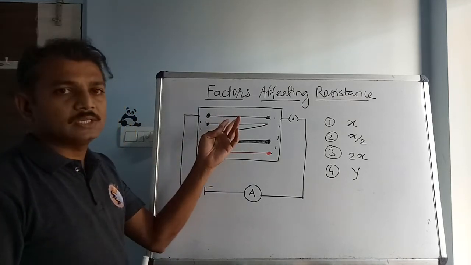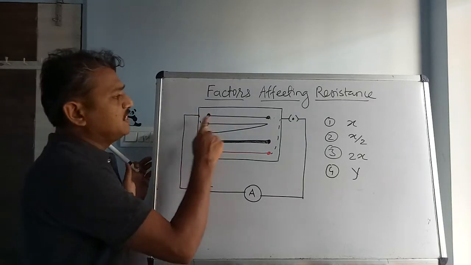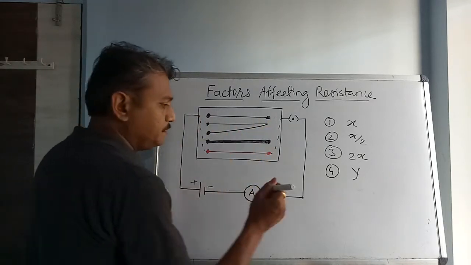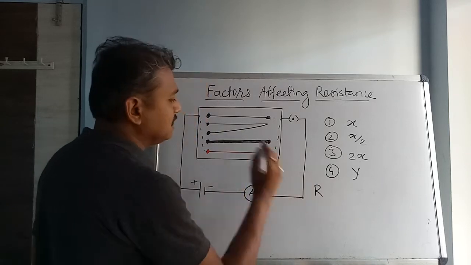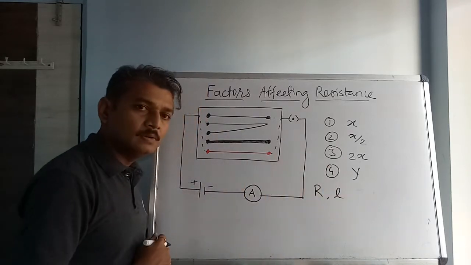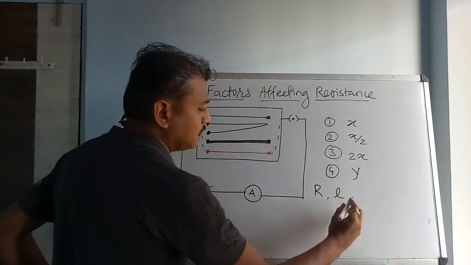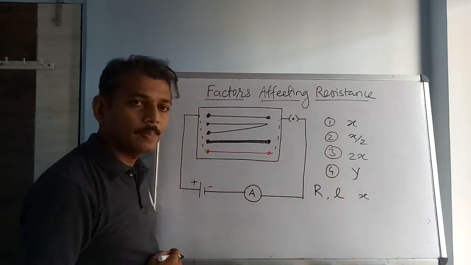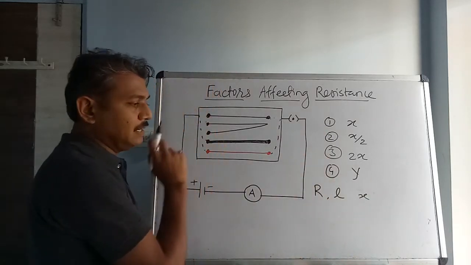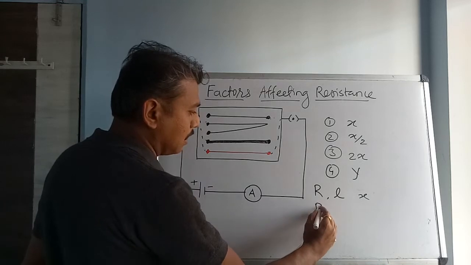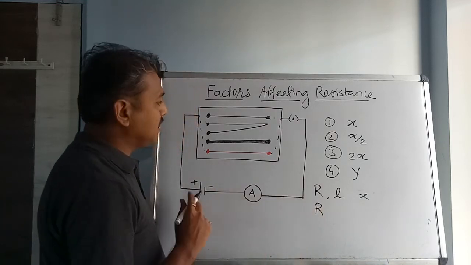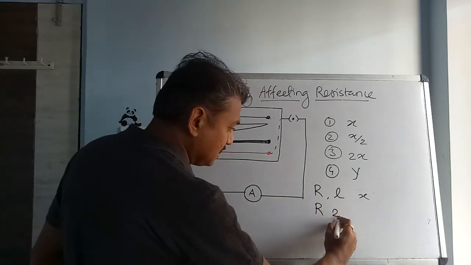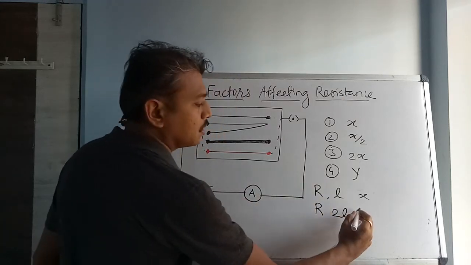In the first case, this resistance R has a certain length L, so we got the current X. Then in the second case, this resistance R had twice the length, so we got half the current.